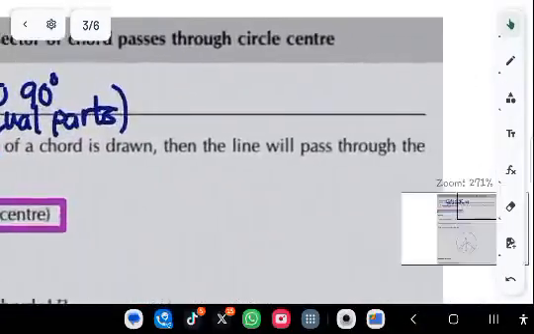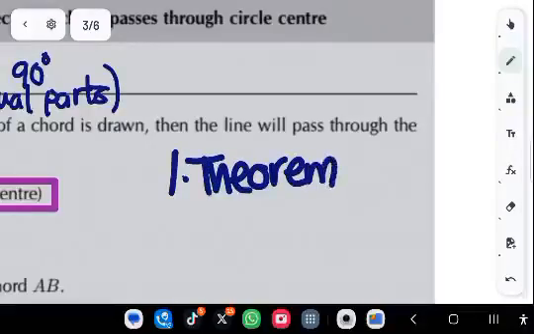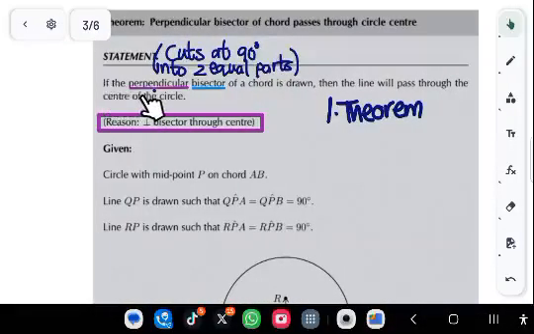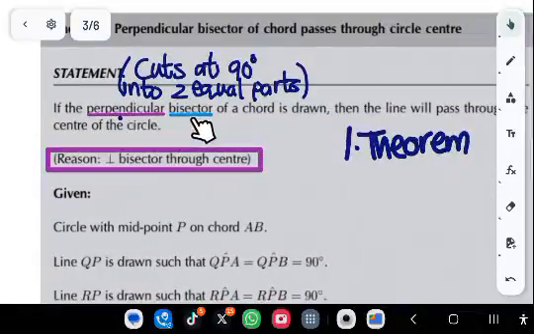First, let's analyze the theorem. So the theorem goes, if the perpendicular bisector of a chord is drawn. Perpendicular means meets at right angles, 90 degrees.